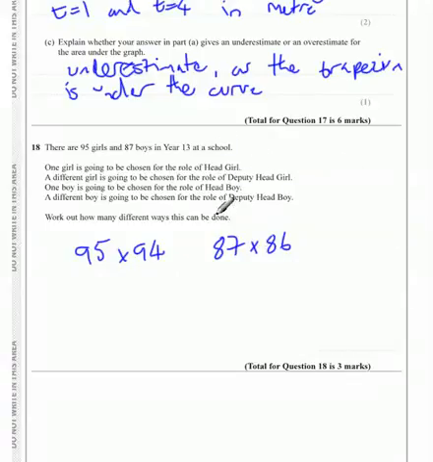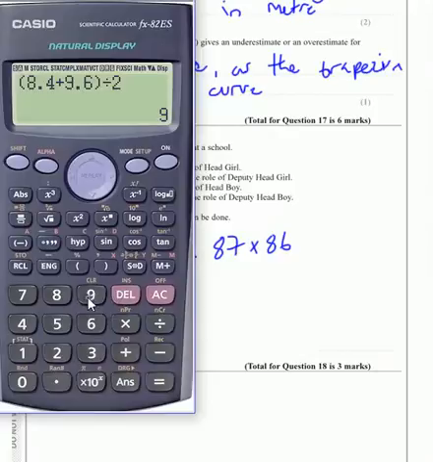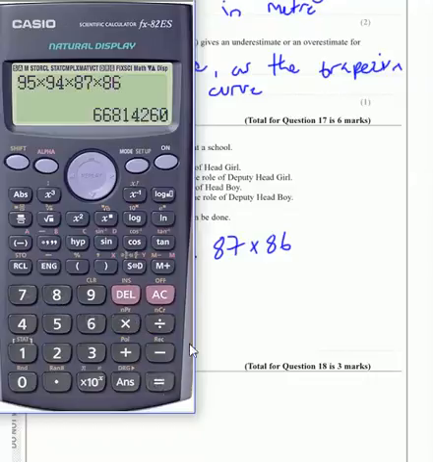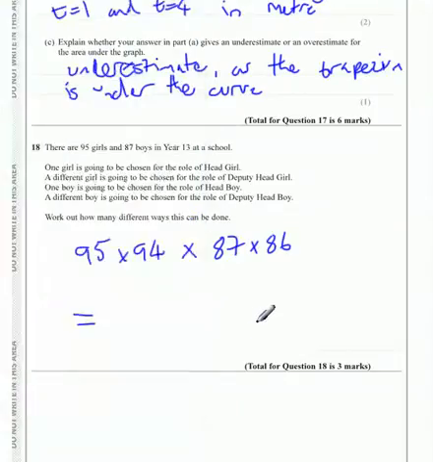To get all four mixed together, what we need to do is multiply those four numbers together. So if we get our calculator out again, we're going to do 95 times 94 times 87 times 86. And we can see there that that is 66,814,260.